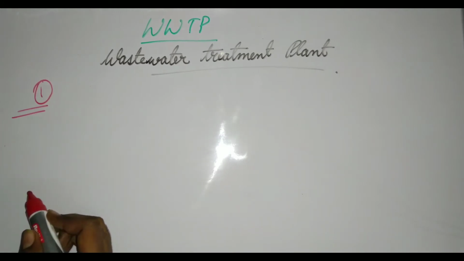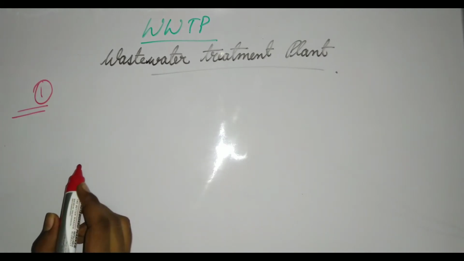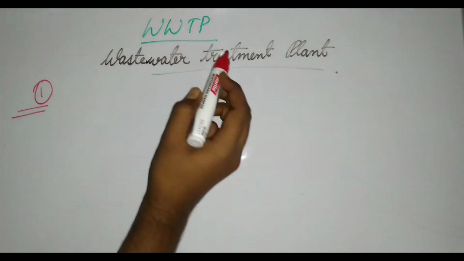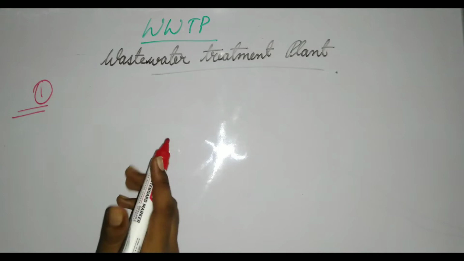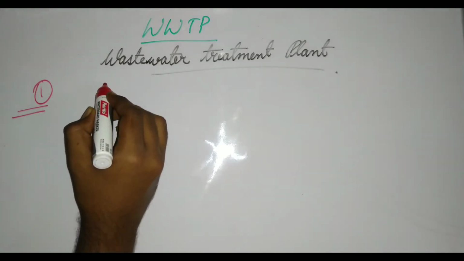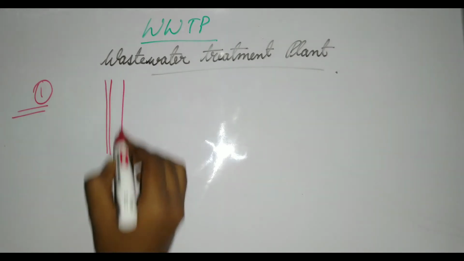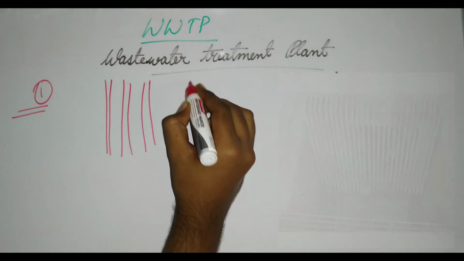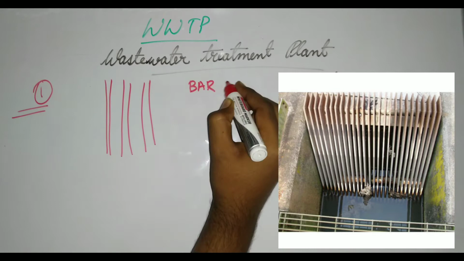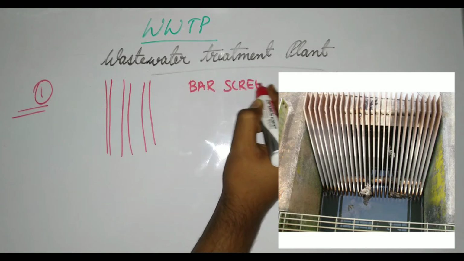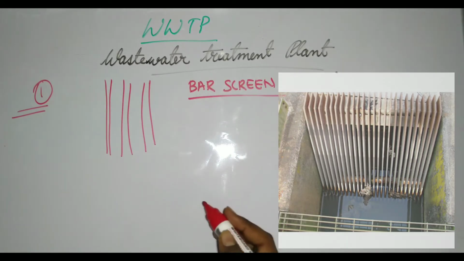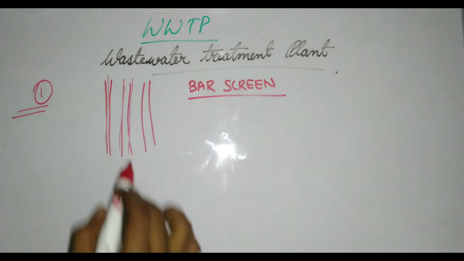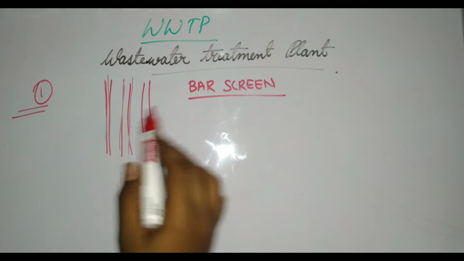Whenever wastewater is sent to the wastewater treatment plant, when it reaches there, the first step is the bar screen. Water is passed through the bar screen.